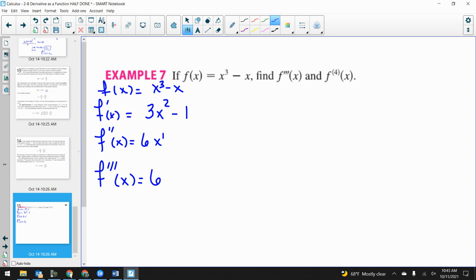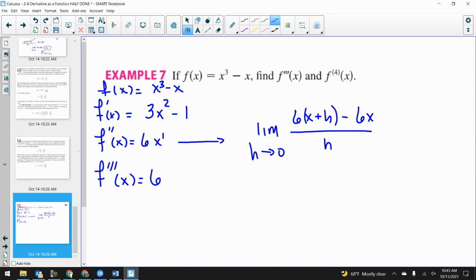Let's see. Okay, we're taking this. We've got the limit of f of x plus h minus f of x all over h, right? All right, let's distribute in. 6x plus 6h minus 6x.